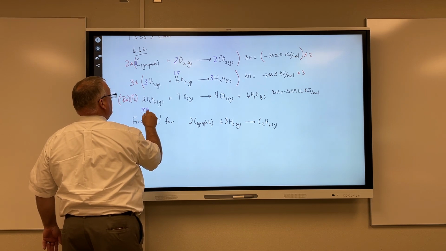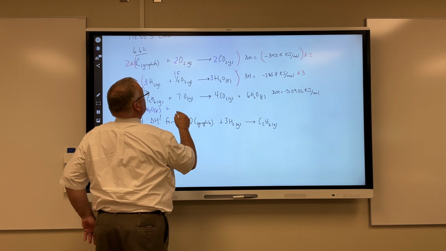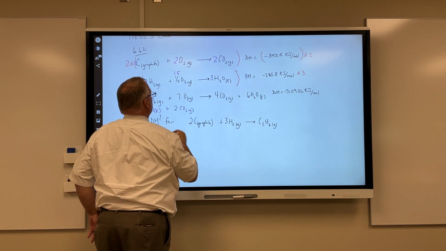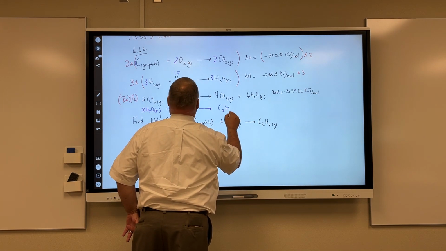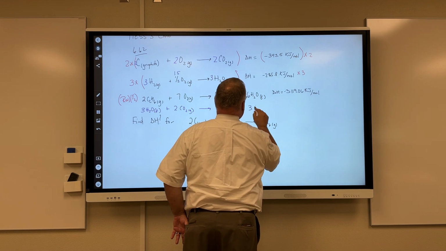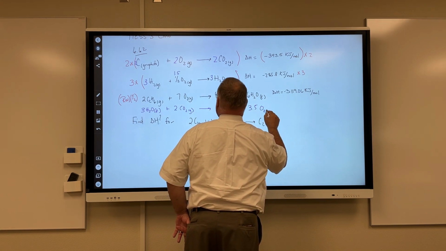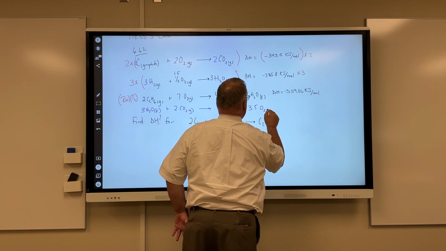3 H2O liquids plus 2 CO2 gas gives us C2H6 gas plus 3.5 O2 gas. That don't look very good.